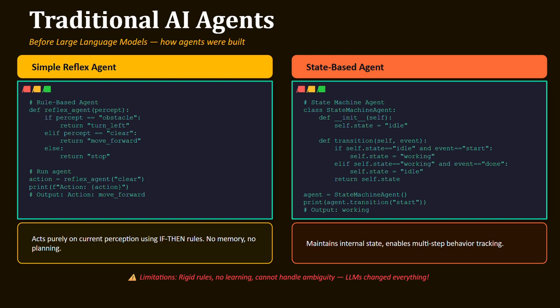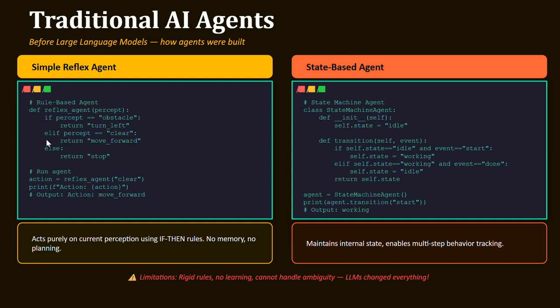I have shown the code for these types of agent in front of you: the simple reflex agent and the state-based agent. The code is in Python. You can see the simple rule-based agent is there. Here is the definition of the reflex agent, and here I have mentioned the class for the state machine agent.